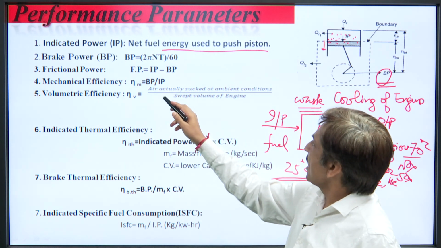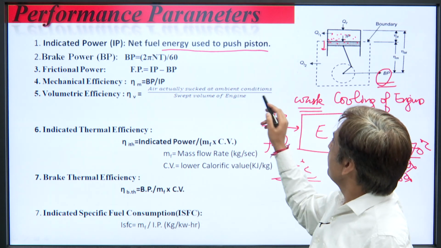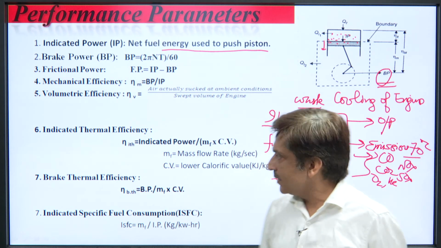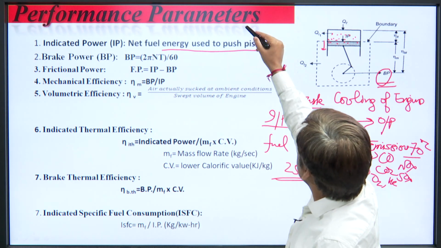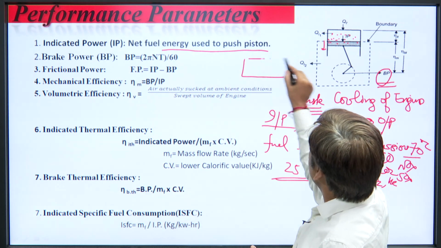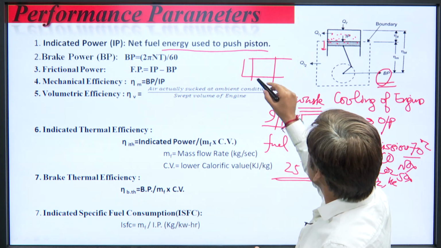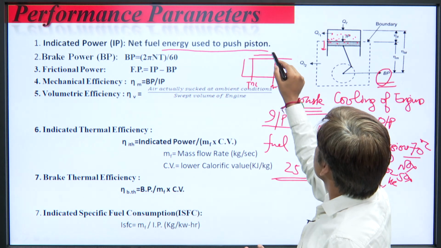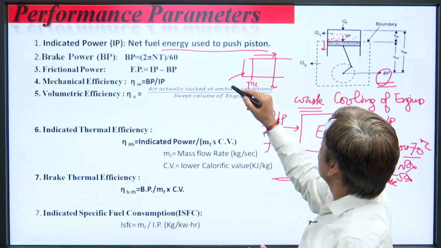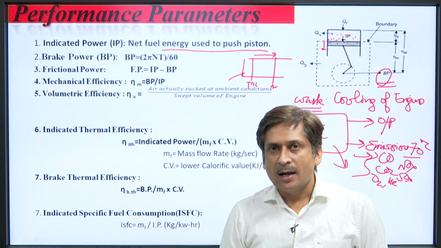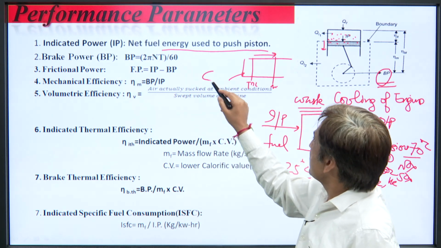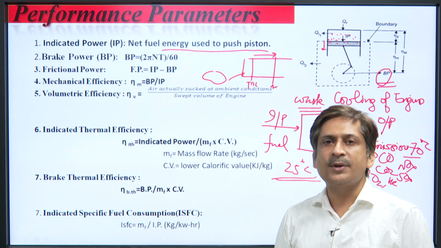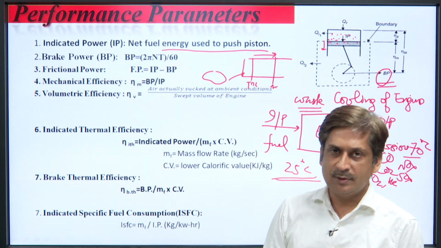Volumetric efficiency is the air actually sucked at ambient condition divided by the swept volume of the engine, because we know that when the piston moves, like this is TDC and this is BDC, the piston moves in this direction and the air is sucked in. The air outside the cylinder is at ambient condition, at a certain temperature, certain pressure, certain humidity level.